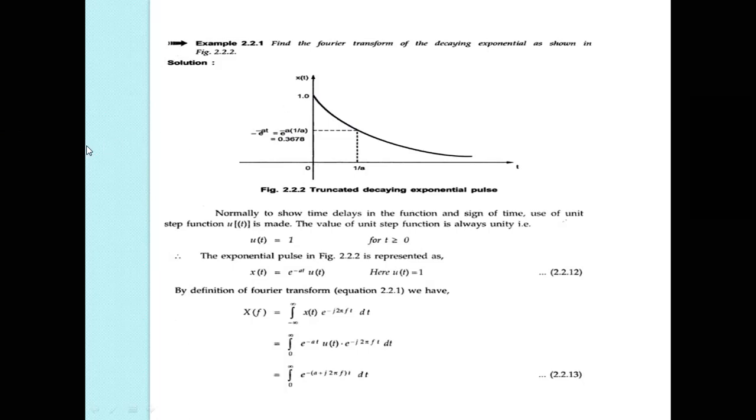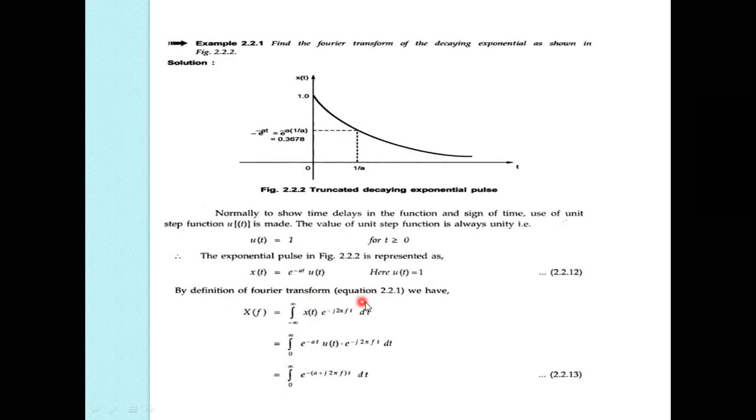But here, because it is a Fourier transformation, we are finding it for the decaying exponential function. The given signal x of t, e power minus at, is multiplied with mu of t, since mu of t is equal to 1 for 0 to infinite values of t.